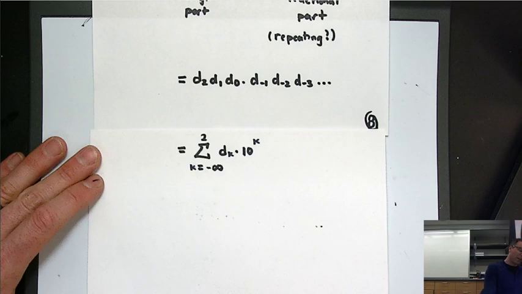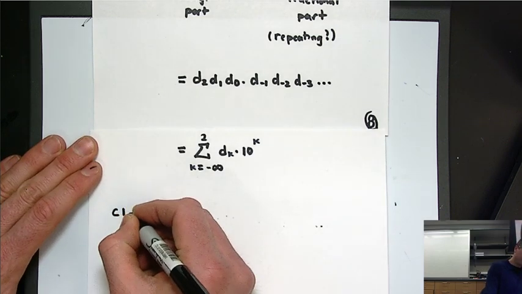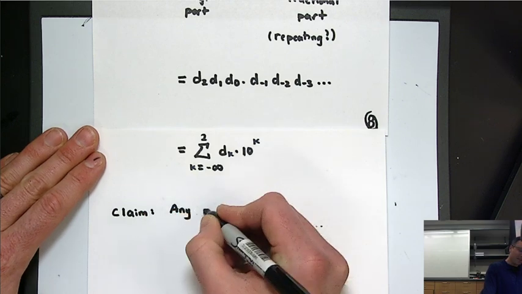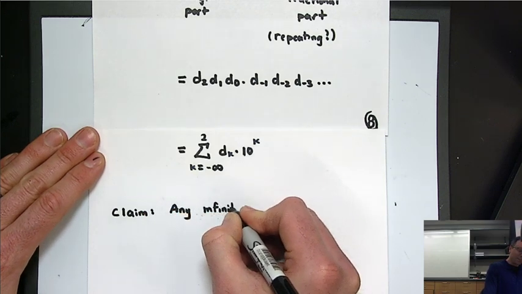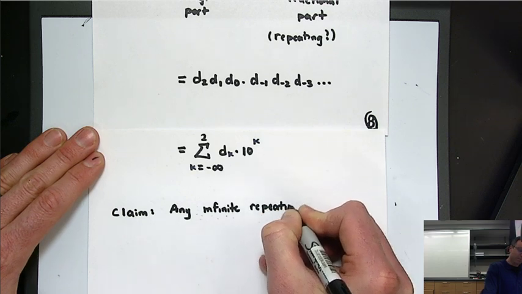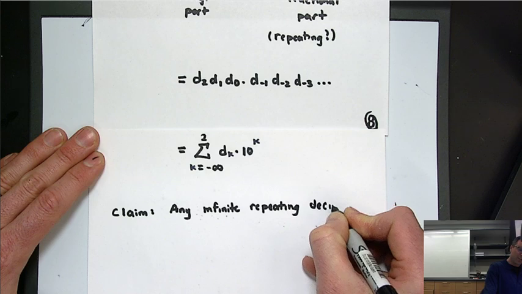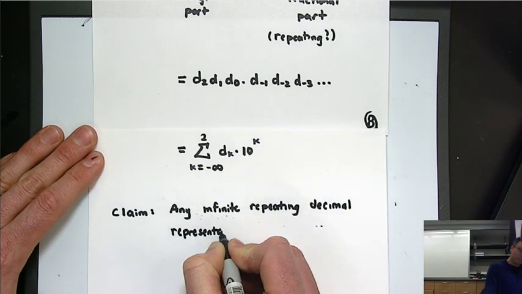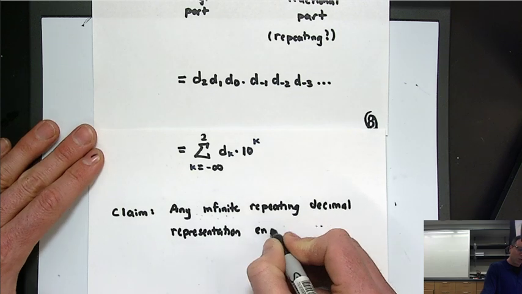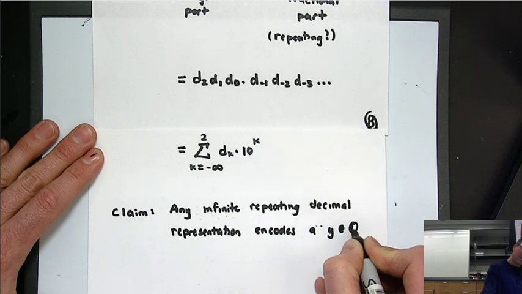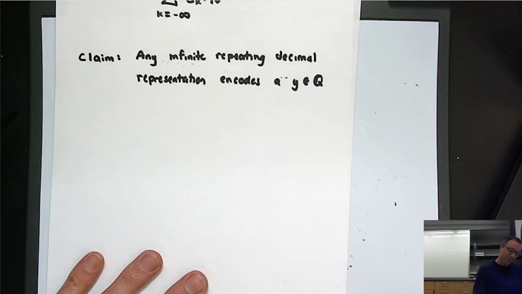Okay, so here's a claim that I make. Any infinite repeating decimal representation encodes a y in Q. What did I just say?